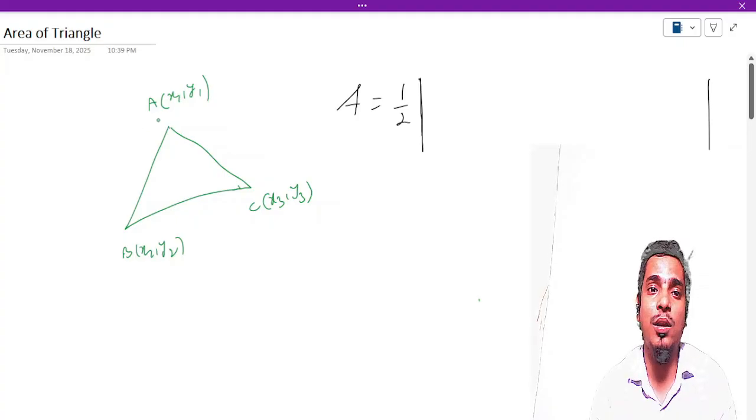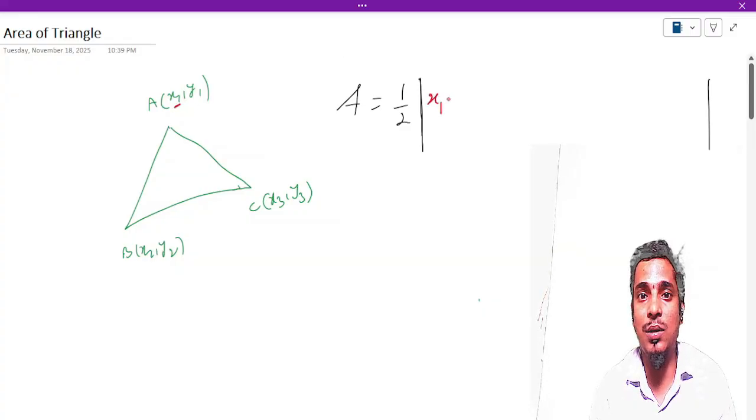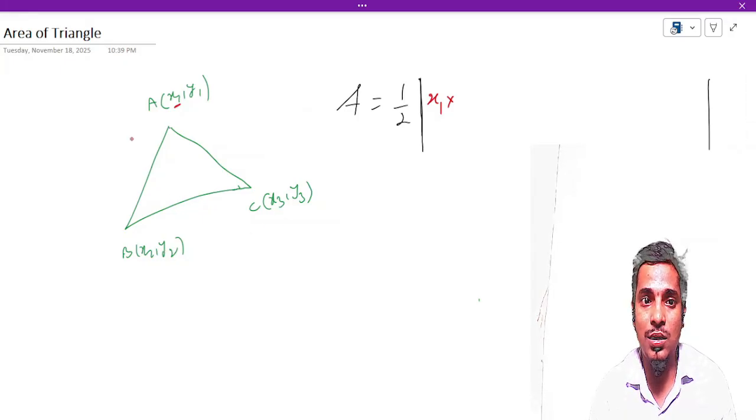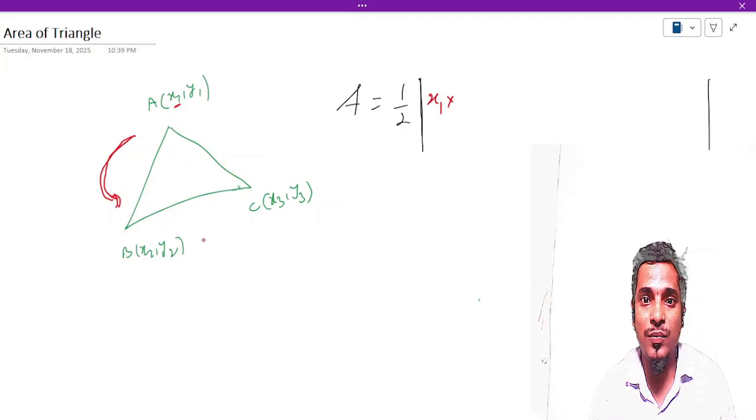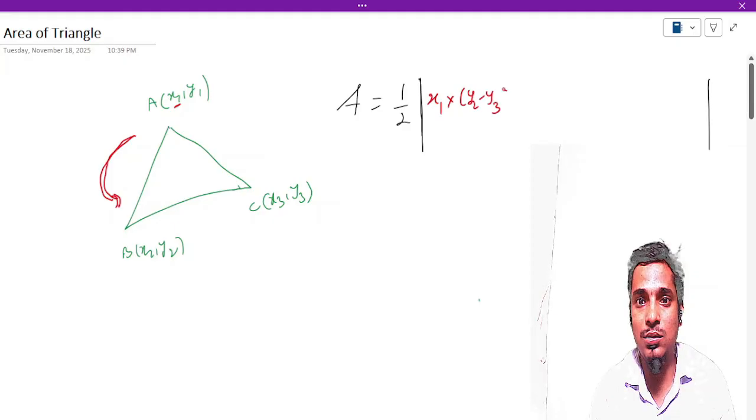Okay. So over here, first we take the x coordinate. We multiply it with the difference of the y components of the other two, in the same sense, in the same direction. If we are starting from this one, we have to move in an anti-clockwise direction. x1 multiplied by the next two y coordinates, y2 minus y3.